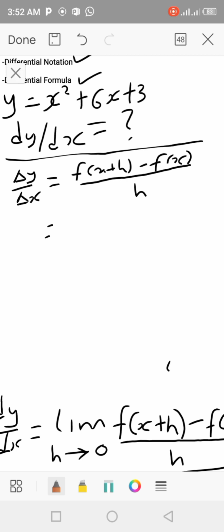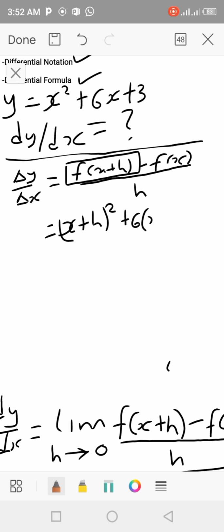So our f of x plus h is going to be, for the first part in this box, we are just going to put x plus h everywhere we find x. So instead of x squared, we say x plus h squared, plus, instead of 6x, we say 6 into x plus h, then plus 3.